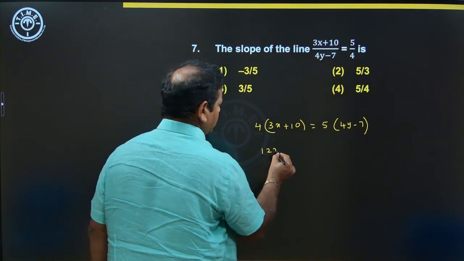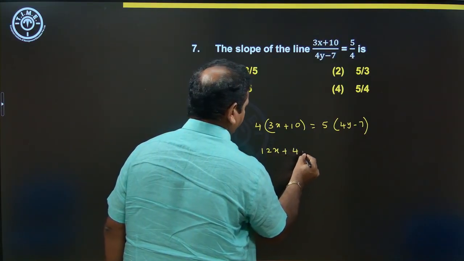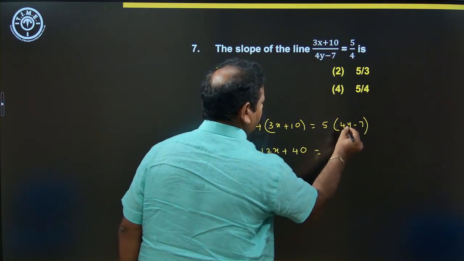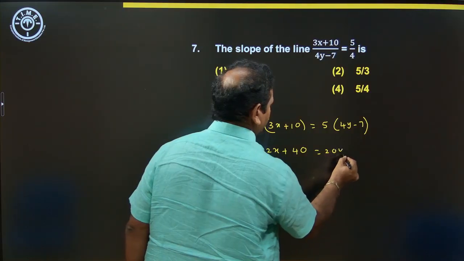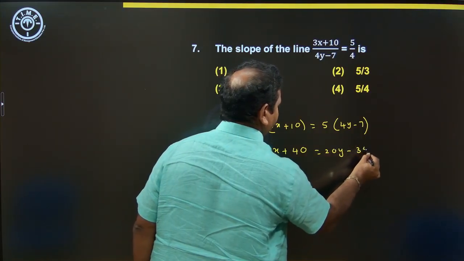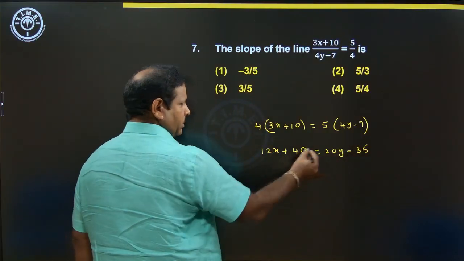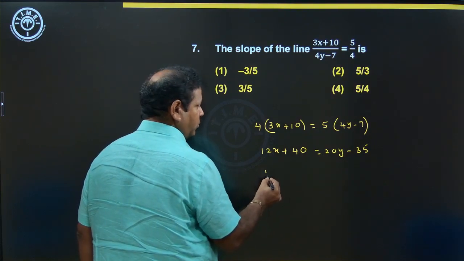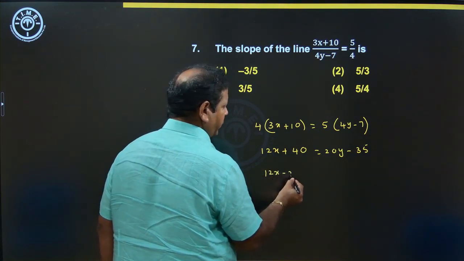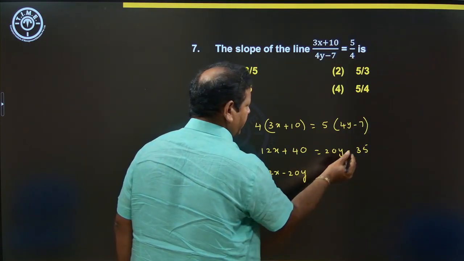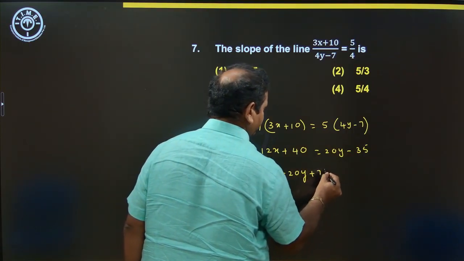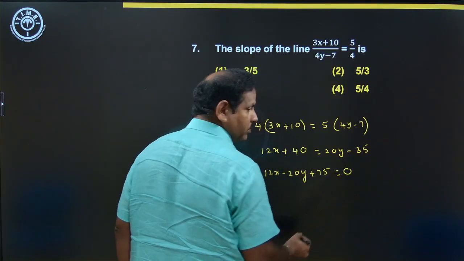This is 12x plus 40. Multiply this: 20y minus 35. Just write in the standard form. 12x minus 20y, 40 plus 35 is nothing but 75, equal to 0.